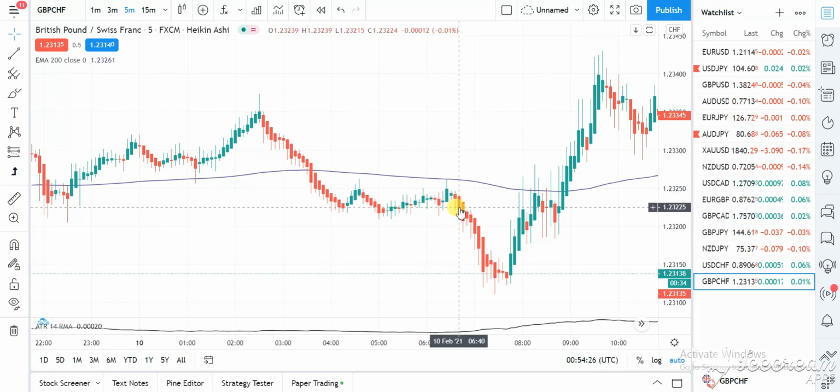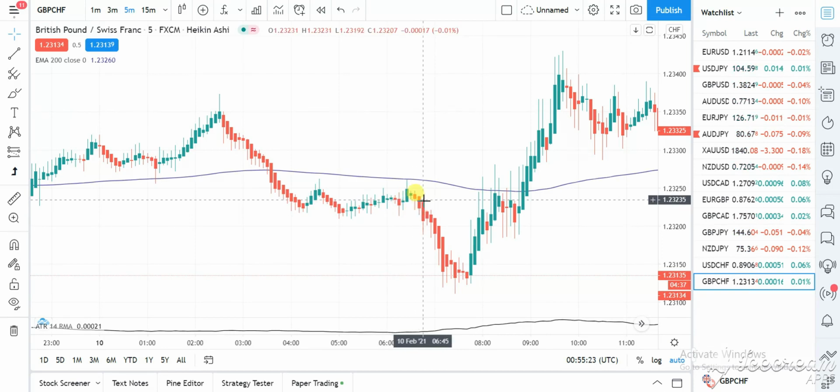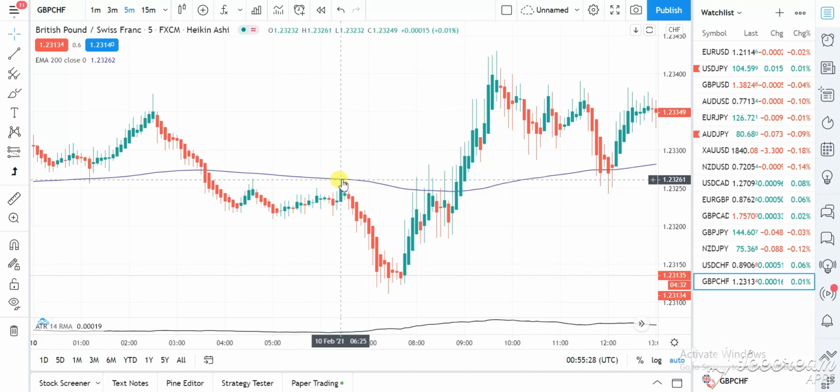So two candlesticks and we will get in the trade. Our entry confirmation is these two candlesticks. So when the market breaks out and touches the 200 EMA line, we want to see two bearish candlesticks. That will be our entry trigger. This will be our entry confirmation.